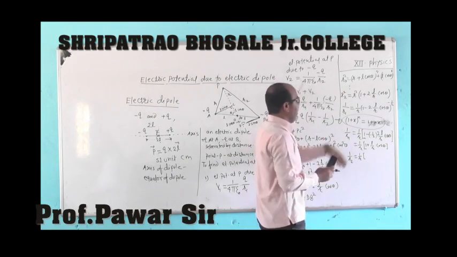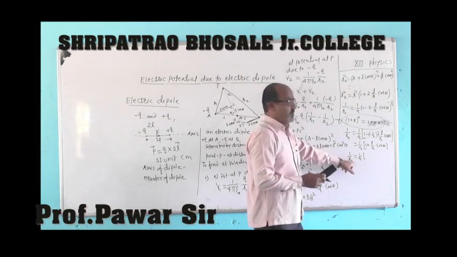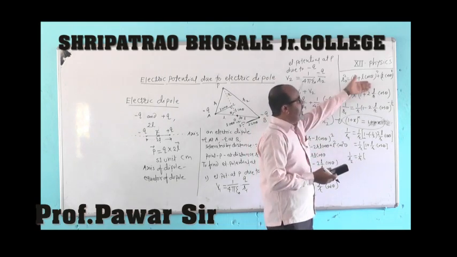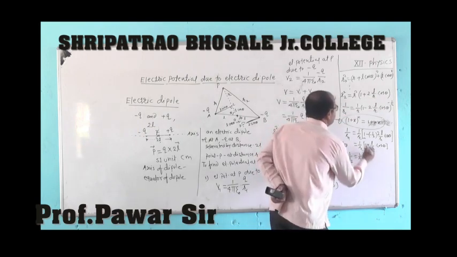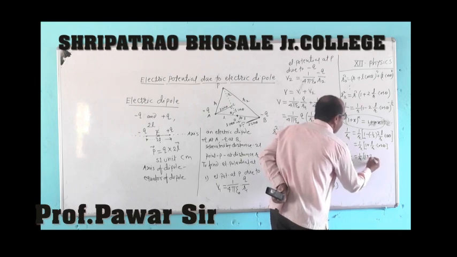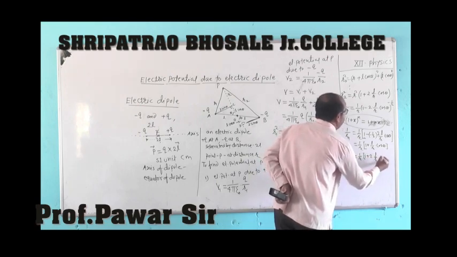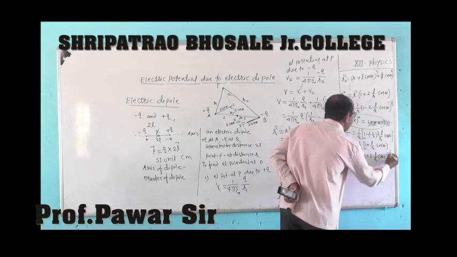So 1 divided by R2 will be 1 divided by R into 1 divided by this bracket raised to half. So we can write it is equal to 1 plus 2L divided by R into cos theta raised to minus half.